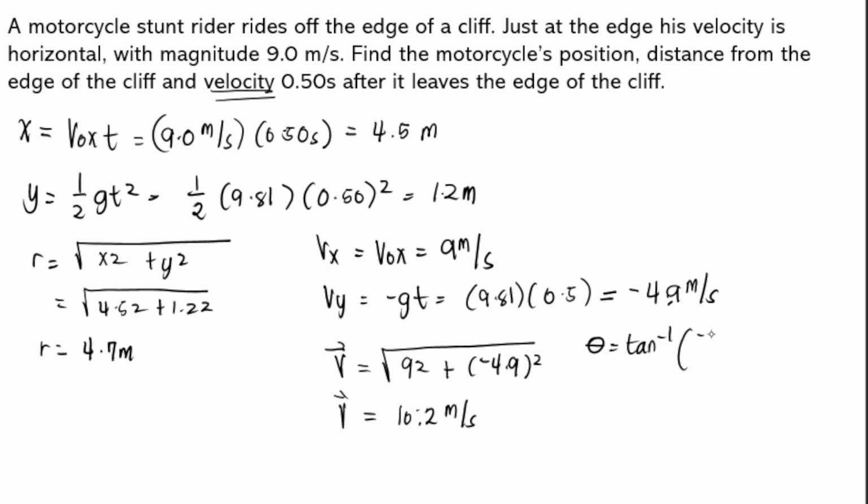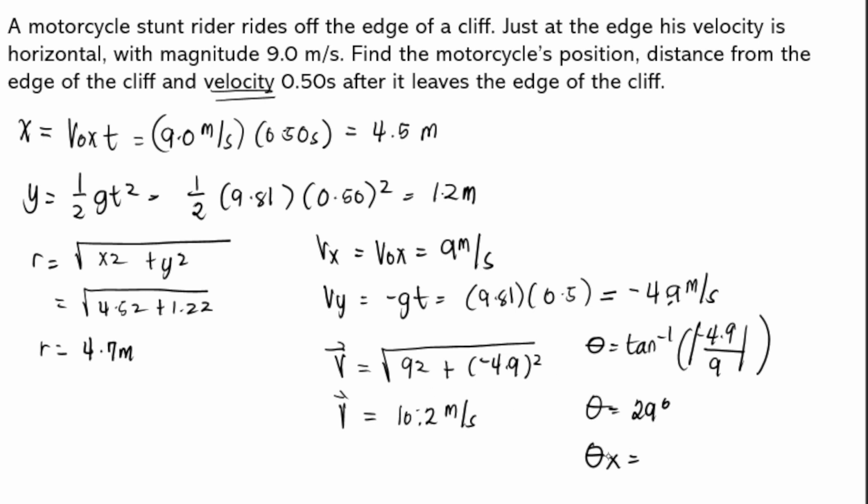Okay, so negative 4.9 absolute value divided by 9, and so angle tangent negative 1, negative 4.9 divided by 9 would be 29 degrees. Okay, so kailangan natin angle reference to x-axis, since positive ang x-axis mo, negative ang y-axis mo, so nasa quadrant 4 siya.